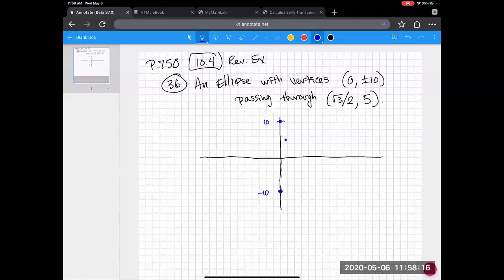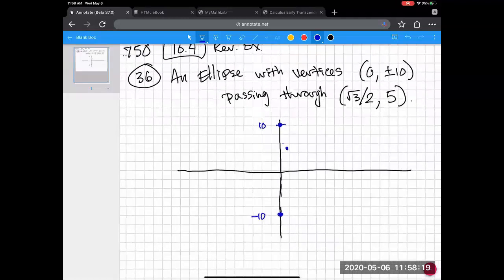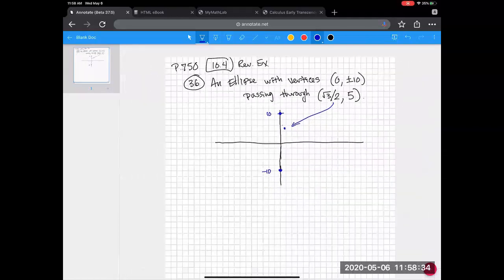So let's zoom this in a little bit. This point is like something like there. Okay. Yeah. Okay, so we know that we want to form an equation. So it's something of the form, well, in this case, since it's bigger in the y direction, I'm going to write y squared over a squared plus x squared over b squared equals 1, where I know that a is the semi-major axis length.